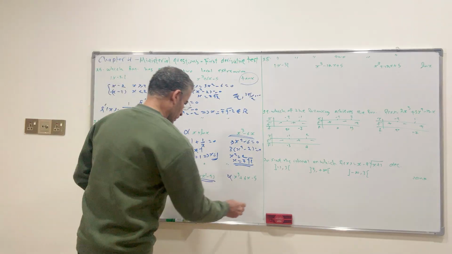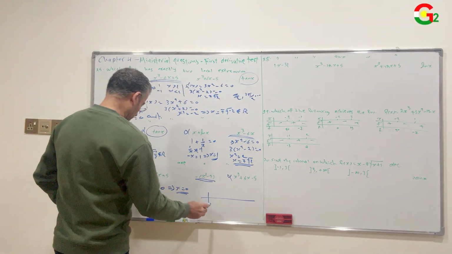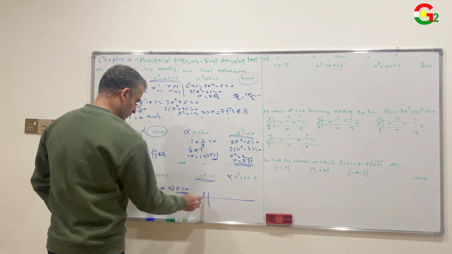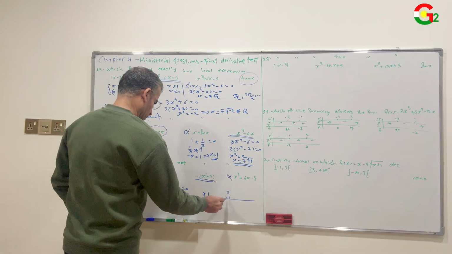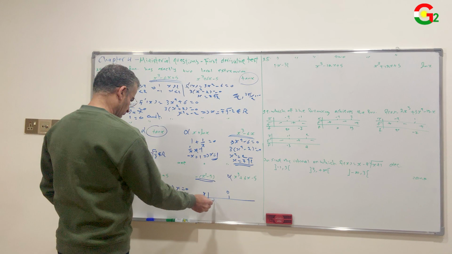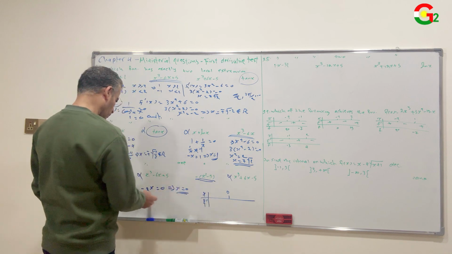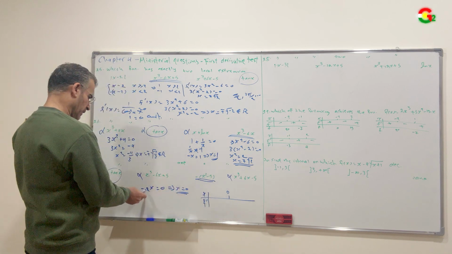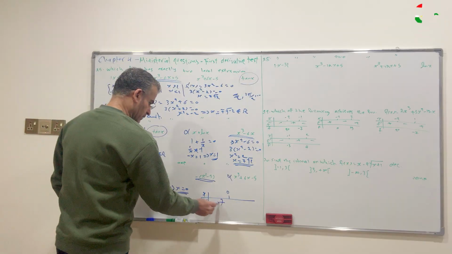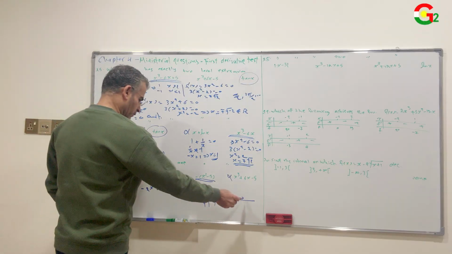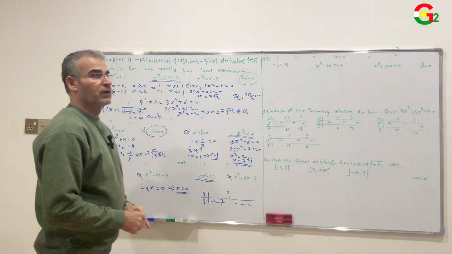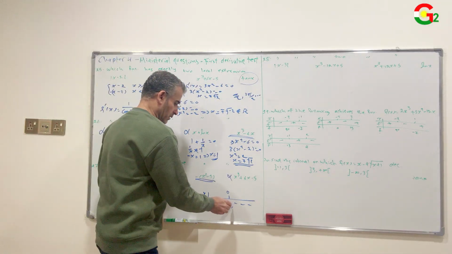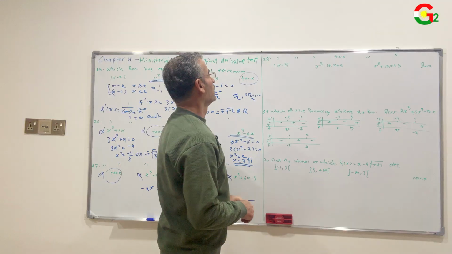If we check the sign of the derivative before and after this point, when x is negative 1, the derivative is positive, and when x equals 1, the derivative is negative. Therefore, x equals 0 is a local maximum point.